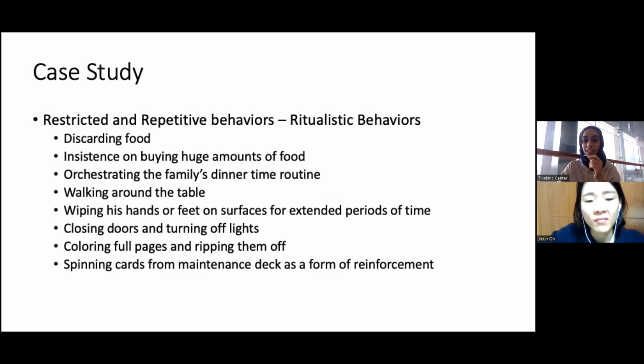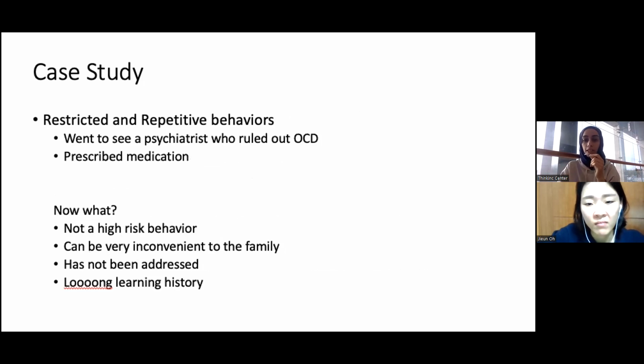So as you can see, AB has a lot of ritualistic and restricted behaviors. A few months ago, his dad took him to a psychiatrist who said it was not OCD. I'm not sure how she ruled out OCD, but she prescribed some medication anyway to help reduce the behaviors.